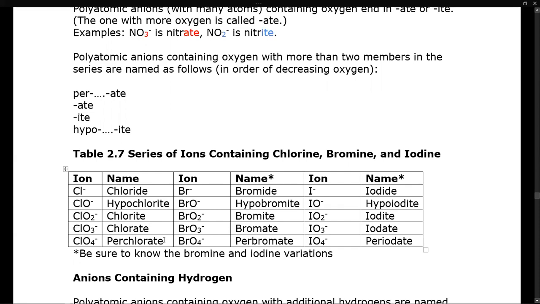ClO4- is perchlorate. And you'll want to know the iodine and bromine variations of that same series as indicated in this table. Make sure you know those. If you need to pause this video and copy that down, that would certainly be fine. But it works the same way for iodine and bromine variations of that series.